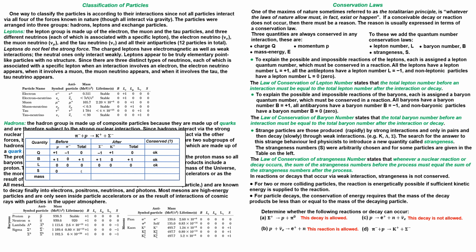The strangeness is conserved as well. This reaction is energetically possible if sufficient kinetic energy is applied to the reaction. This reaction occurs if the meson energy is at least 1051 mega electron volts.